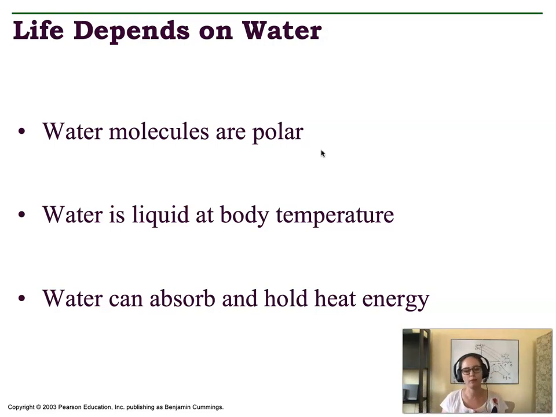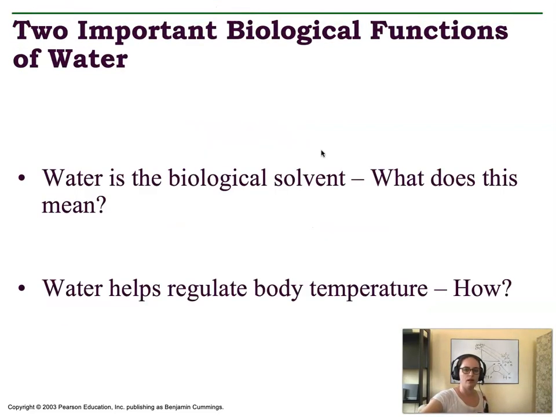Because they are polar, because they're liquid at body temperature, and because they are what we call a heat sink, they absorb and hold energy, they help keep the body temperature stable. The body temperature is partially stable because of the presence of water. So it helps regulate body temperature, and then it's also a major solvent.